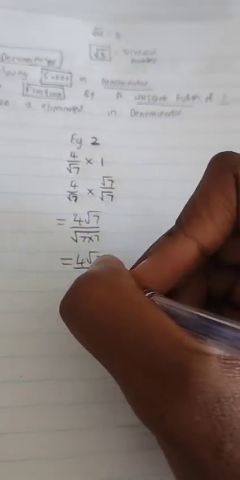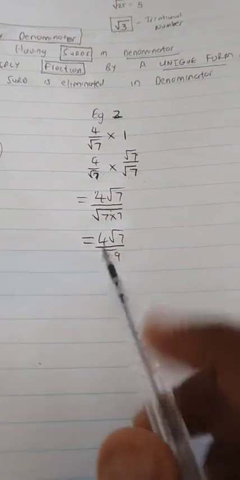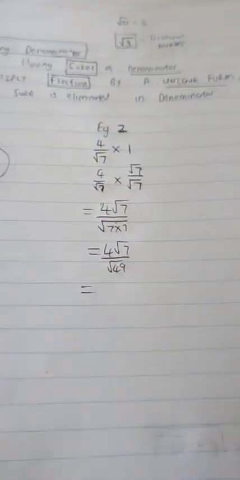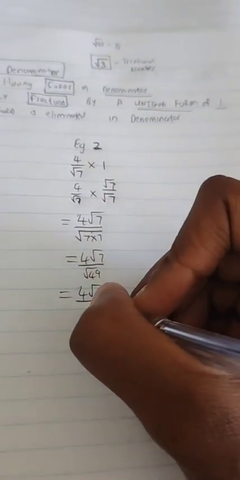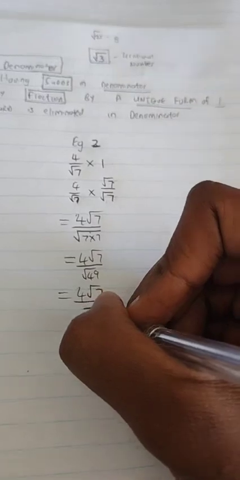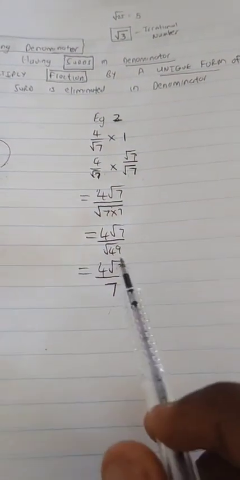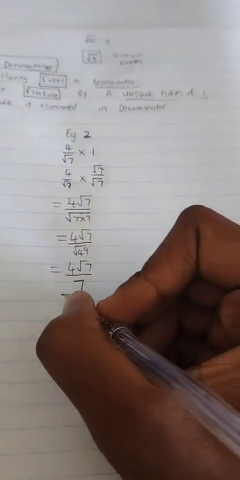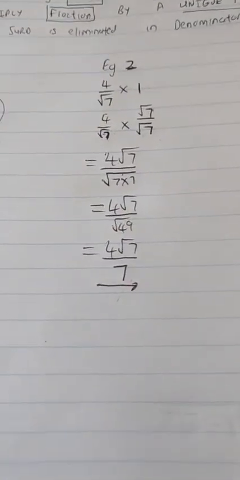What is 7 times 7? It is 49. And we know that the square root of 49 does not remain as a surd, but we can express it as a rational number, which is positive 7. Can we simplify any further? No. So therefore our answer is 4 root 7 over 7.